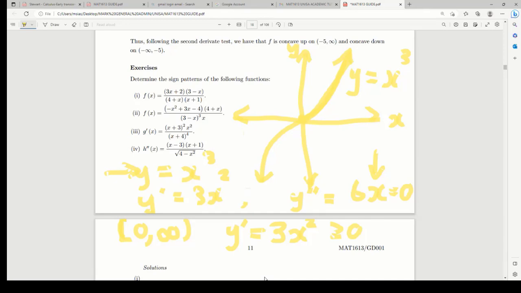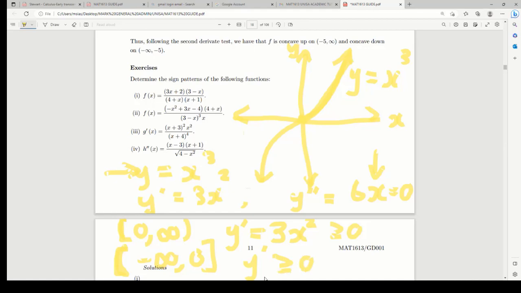However, you'll see that this first derivative is always positive, even for this interval here. It should be open here, guys, not closed. Even for the interval minus infinity up to 0, you will see that y prime is still positive.